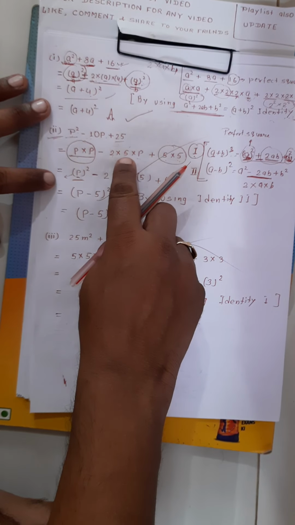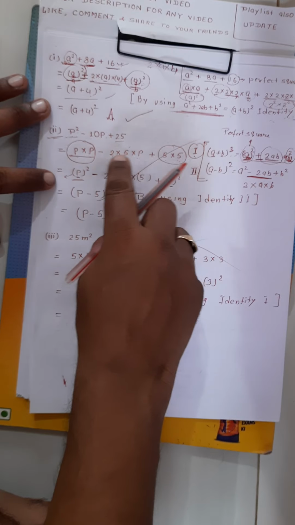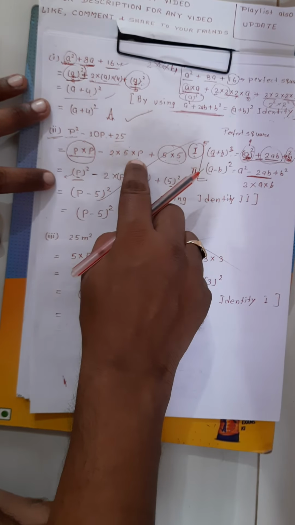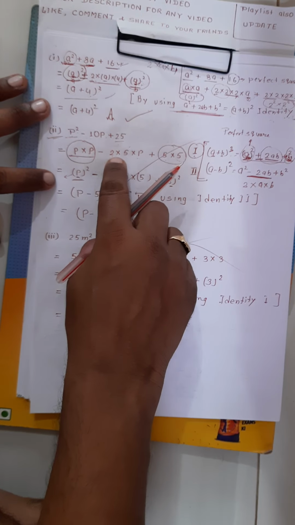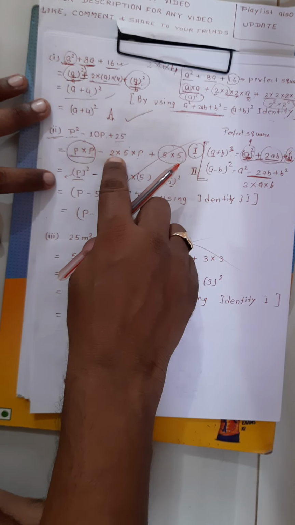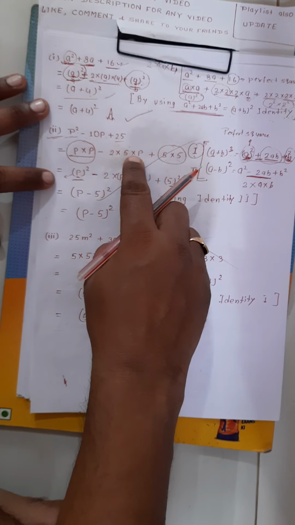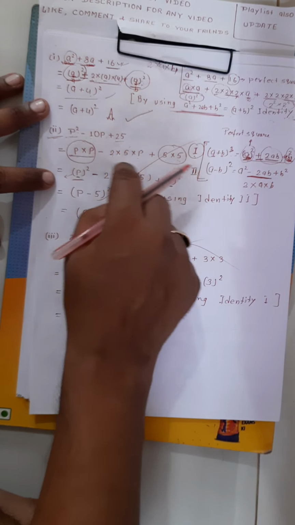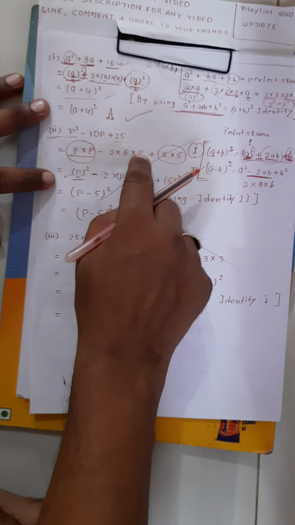For 2 into 5 into p, it cannot be a perfect square, because here there are no two 2s, no two 5s, and no two p's, so we cannot make a perfect square of this term.